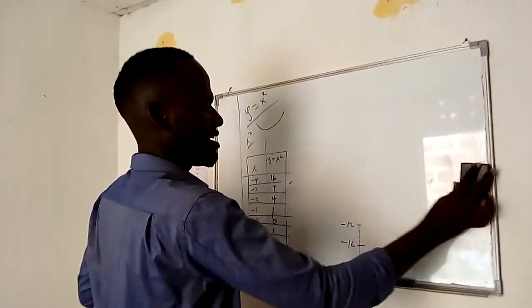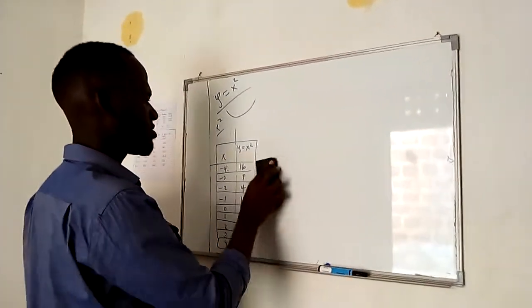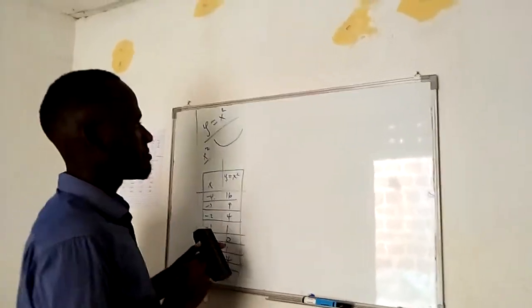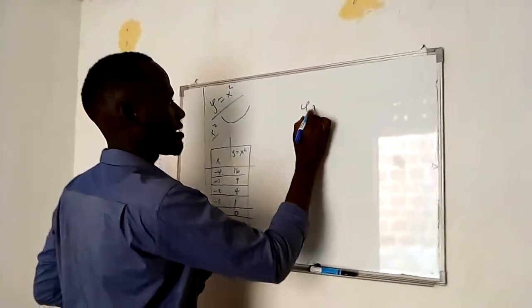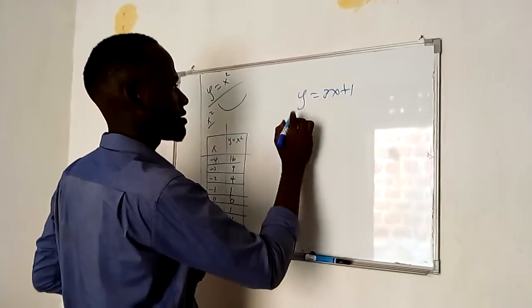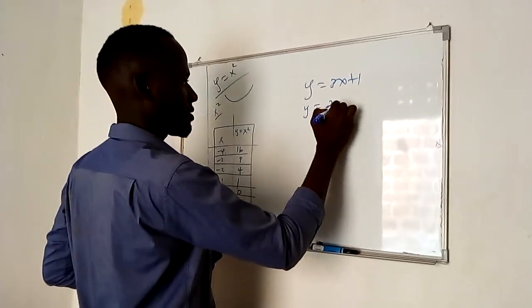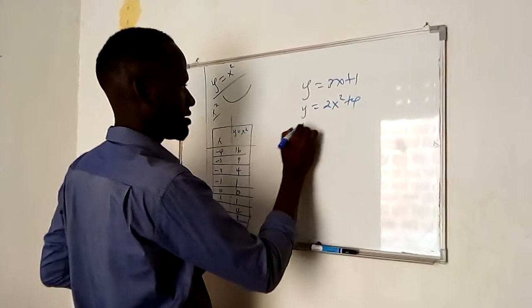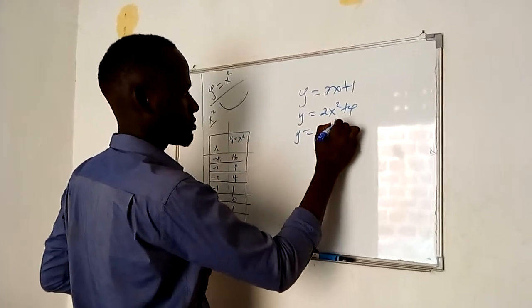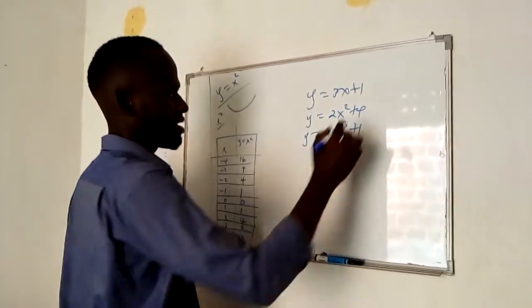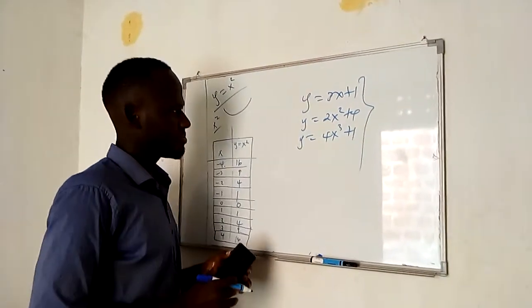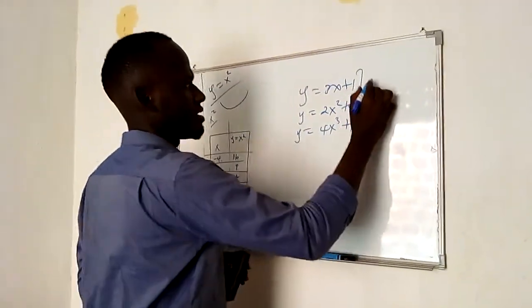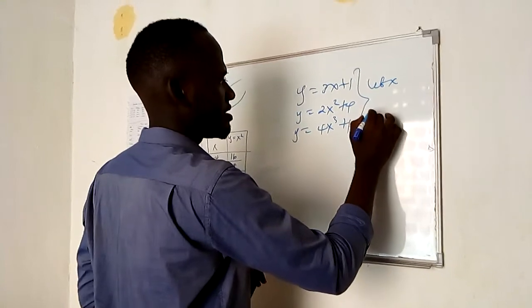You can be given other equations, not basically this. You can be given equations like y is equal to 3x plus 1, y is equal to 2x squared plus 4, y is equal to 4x plus 1. Here, it's just a simple thing. You just let x values be this and this.